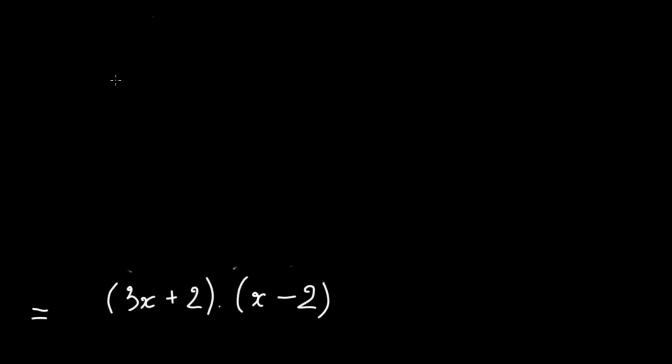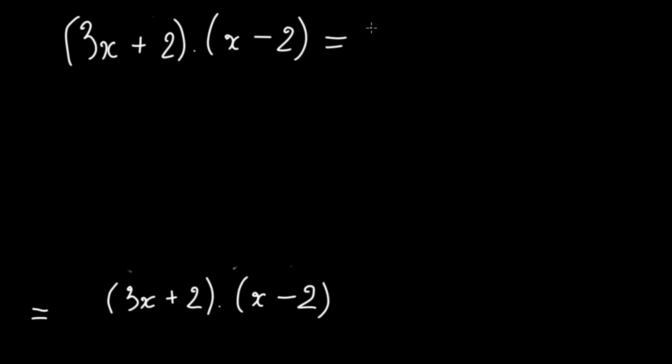So what we are going to do is we put 3x plus 2 times x minus 2 equals 0, right? This is the product of two numbers.